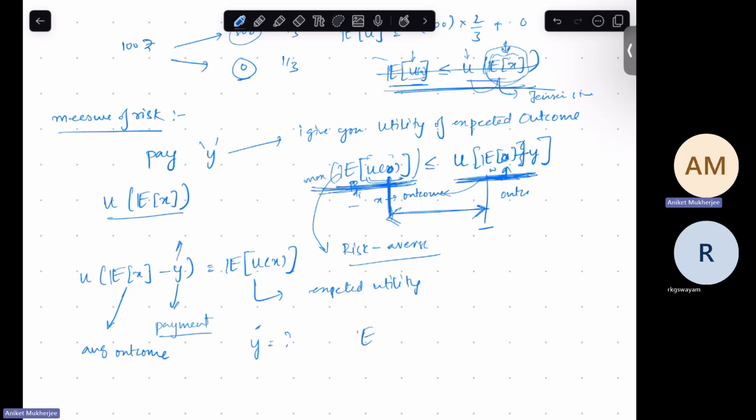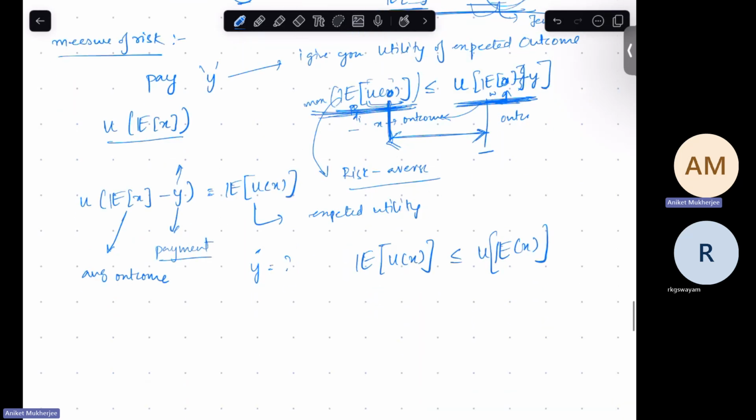I have expected u of x less than or equal to u of expectation of x. Suppose u of x equals x, a linear function, a straight line, nothing else. Then this would be expectation of x, and this would be expectation of x on both sides. So both sides are the same.